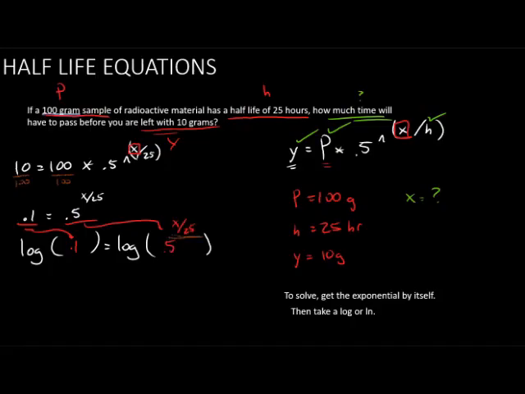Now I can take this exponent and move it to the front in front of log of 0.5. Therefore, I will have log of 0.1 equals x over 25 times log of 0.5. I'm still going to have to do a little bit of algebra to solve for x. We'll do that on the next slide.